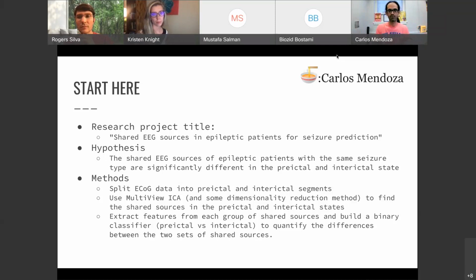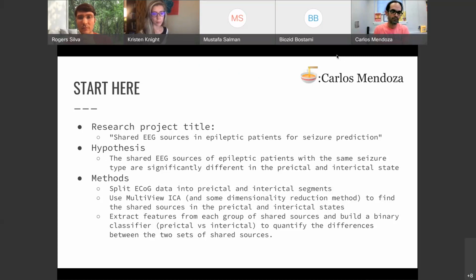You will have two types of data for each patient, and then you will use Multiview ICA, for the preictal data across subjects, to find the shared sources among the different subjects for the preictal, and the shared sources across subjects for the interictal, and then extract some features from those two sets of sources and build a classifier to quantify how different they are.